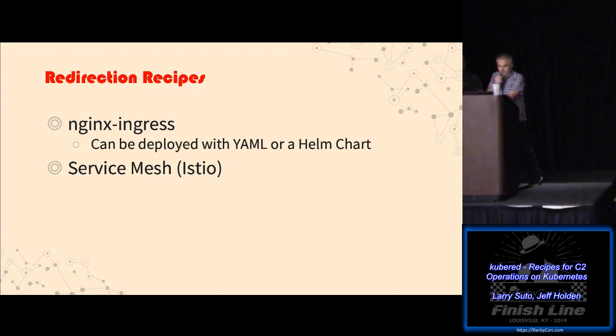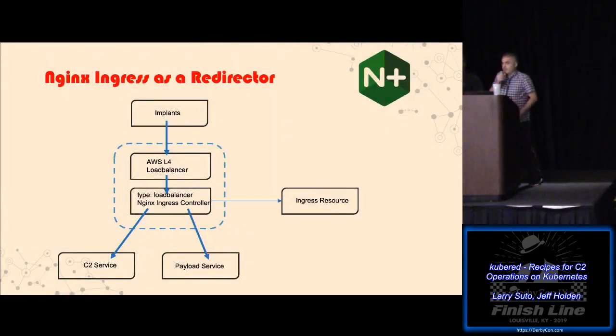And now we're going to go into a little bit of the details of redirection. I'll focus on Nginx Ingress first because that's really popular in Kubernetes, and then the one we like best is Istio. We've had a lot of success with that, so I'll spend quite a bit of time on that. So this is basically running Nginx as a redirector.